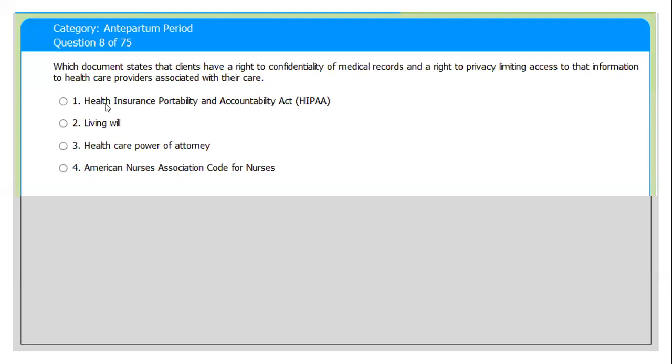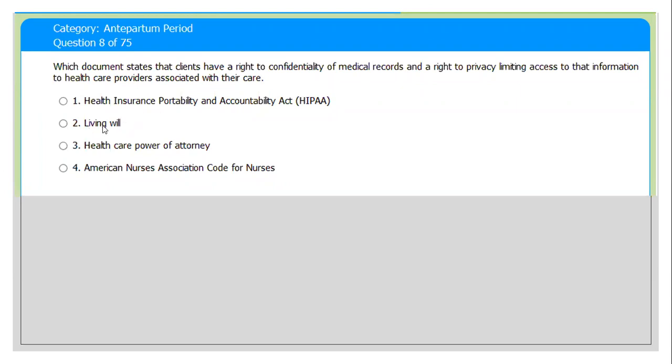Number one, Health Insurance Portability and Accountability Act, shortly called HIPAA. It is a federal law that restricts access to individuals' private medical information.